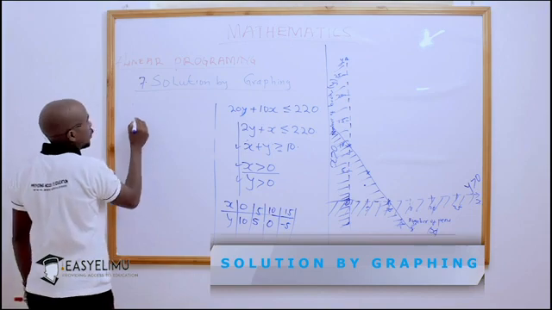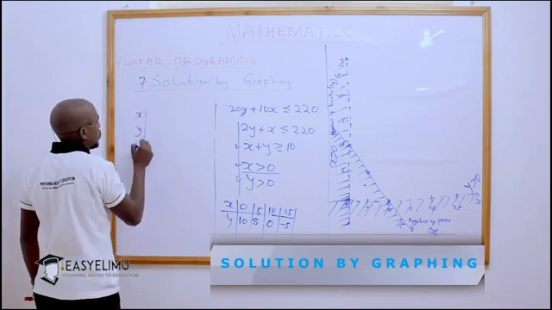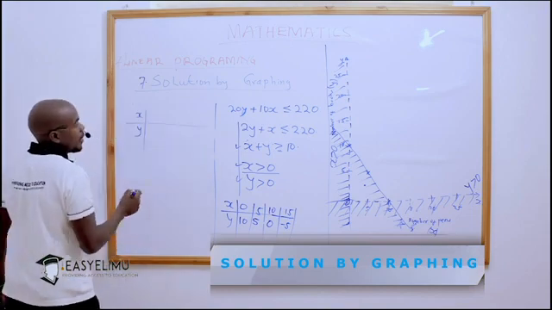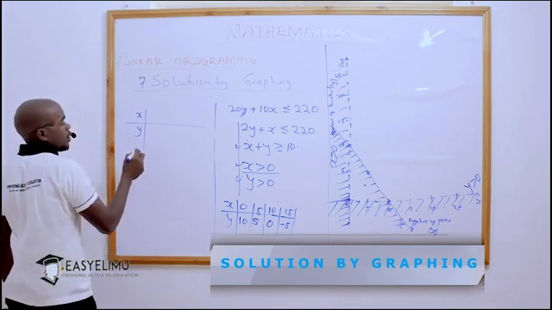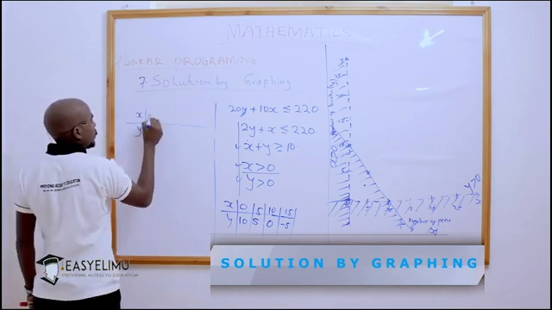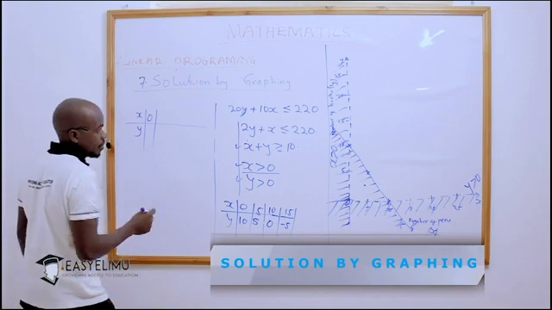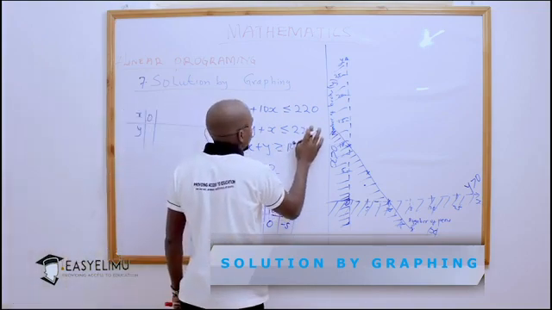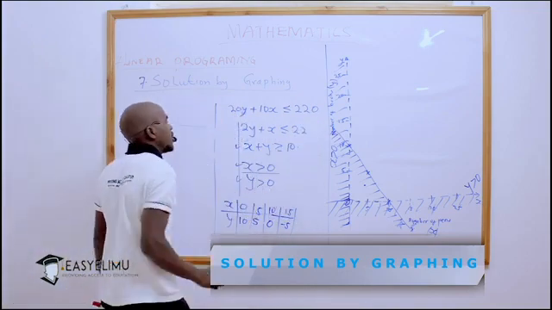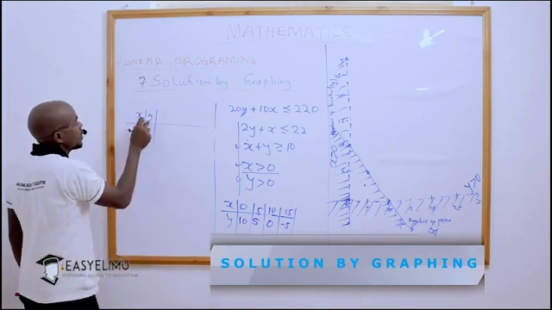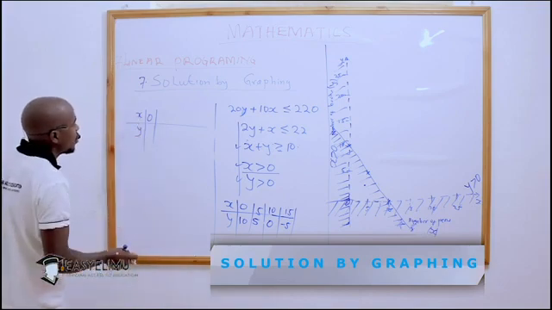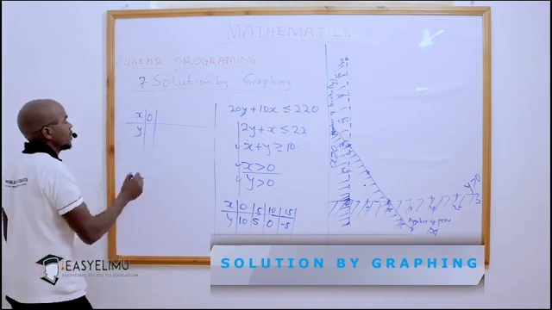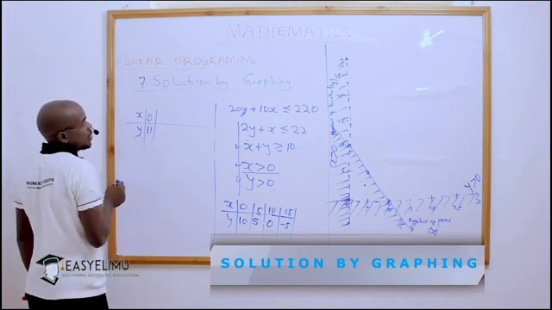We can take that of x and y too. If x is 0, not 20, it should be 22, because if you simplify it will give you 22. Then if x is 0, y is 11.